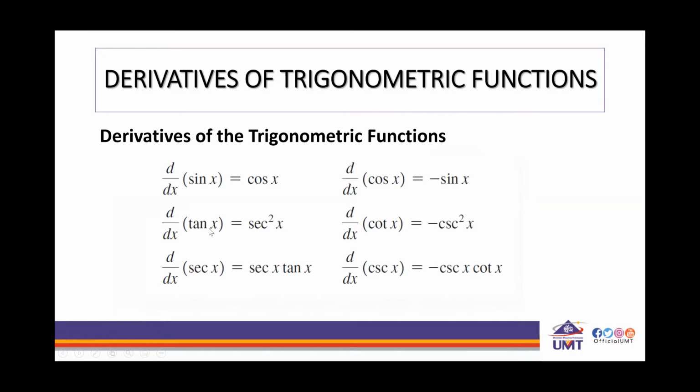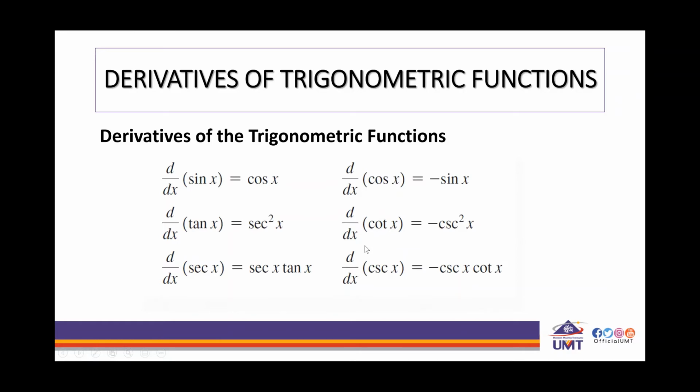D tangent x equals to secant squared x, and so on and so forth, okay? I will share with you how to get one of the proof. For example, how to get d tangent x over dx, all right?